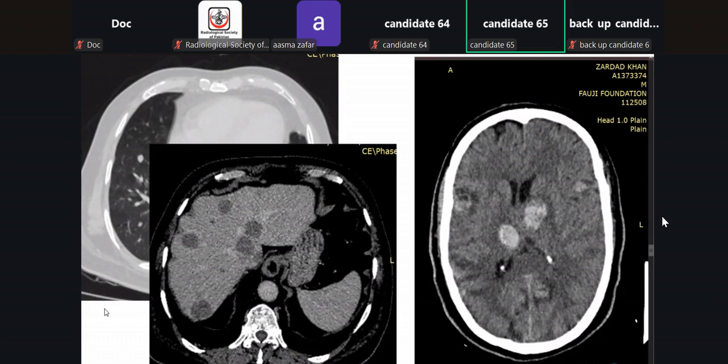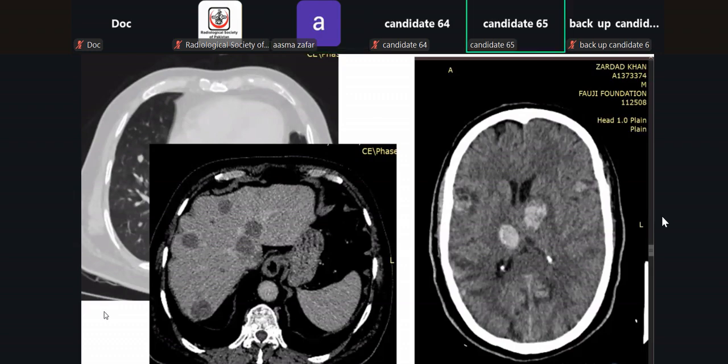On axial section of the abdomen, in which I can see there are multiple hypodense lesions giving target bullseye target lesions. Ma'am, these could be metastasis from the primary. Okay, what is the primary now?